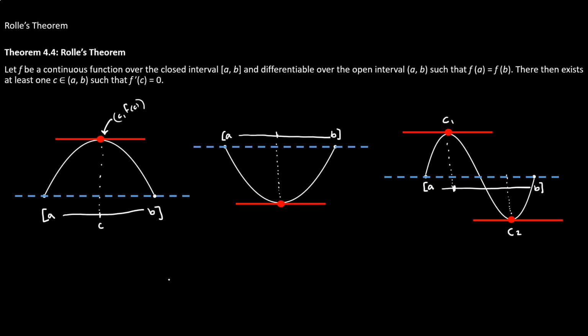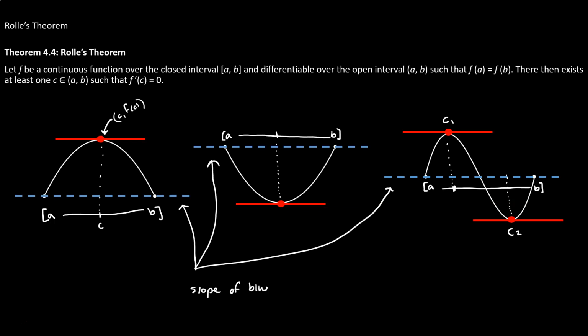Now something else to add to this, setting us up for the mean value theorem, is that each of the blue dashed lines that I've drawn have the same slope. So regardless of which picture we're looking at, they each have the same slope. They're horizontal lines, so they all have a slope equal to 0.